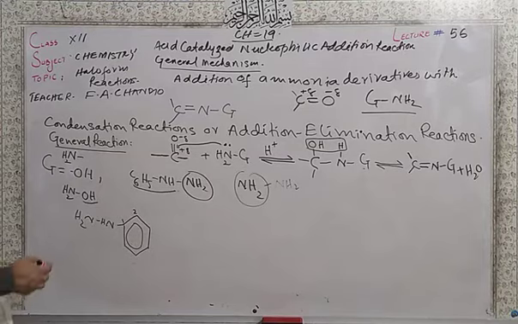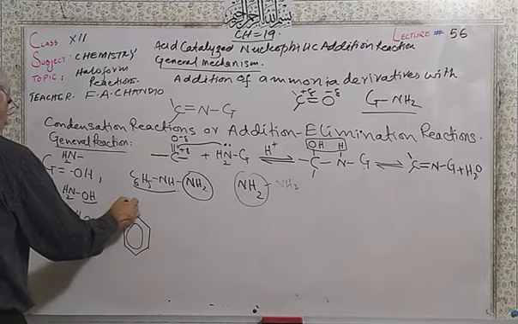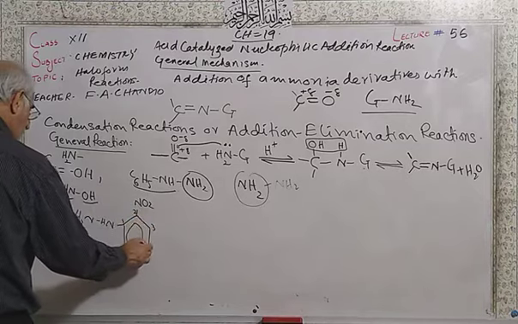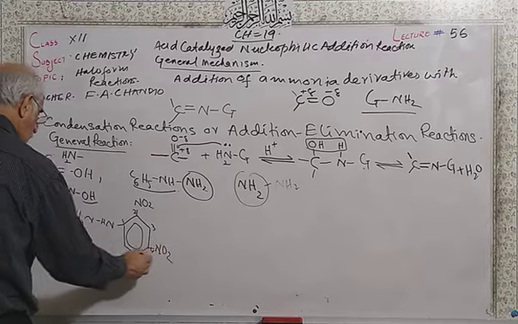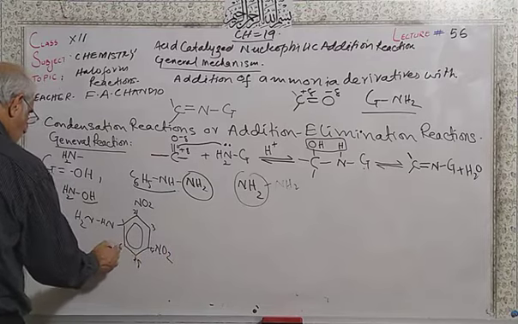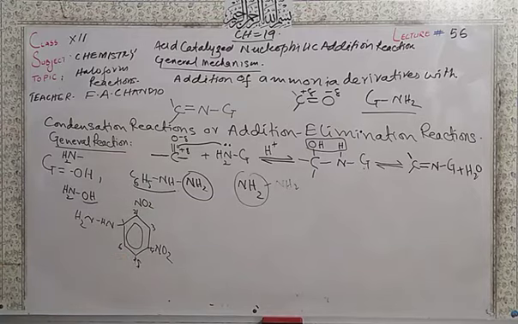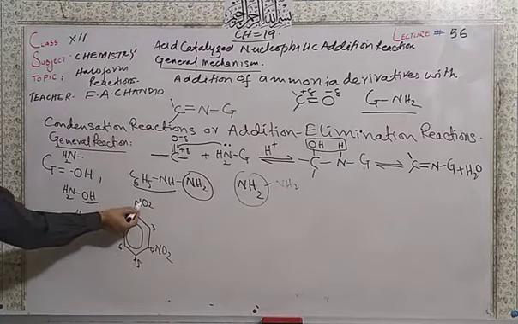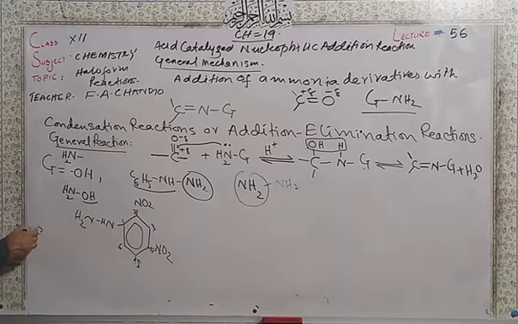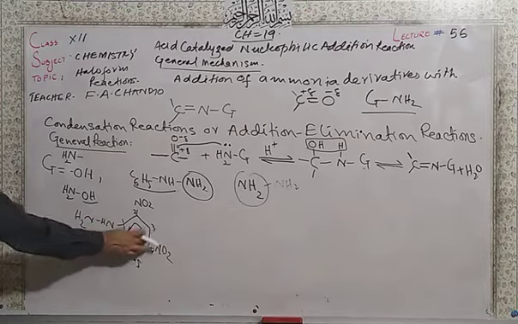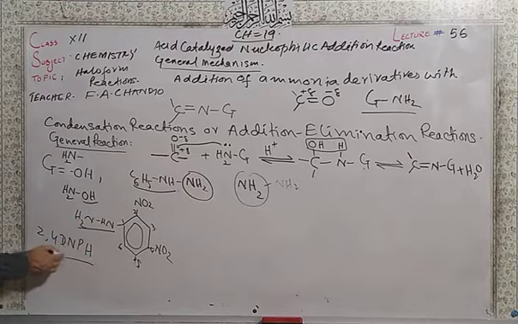There is a 2,4 nitro group, 3, 4, 5, 6, like this. 2 nitro, 4 nitro, 2,4-dinitrophenylhydrazine, 2,4-DNPH.